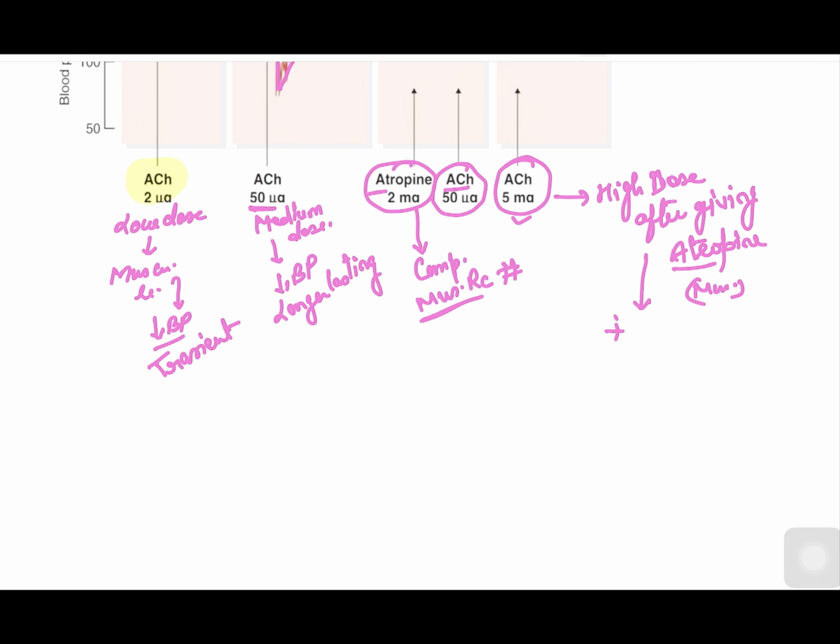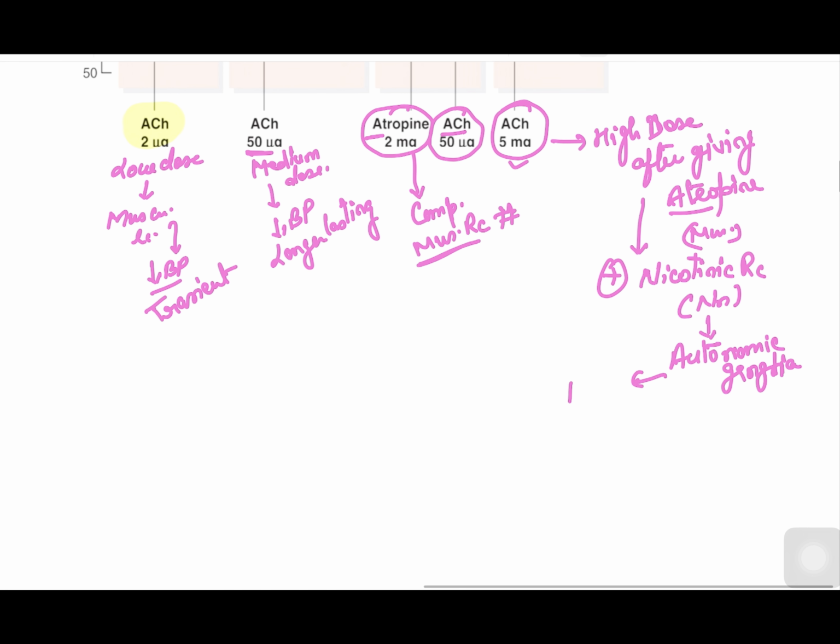So this acetylcholine will go and stimulate our nicotinic receptor, NN receptor, in autonomic ganglia. Specifically, if you want to know, it goes and stimulates sympathetic postganglionic neuron, and it will increase norepinephrine or epinephrine release.